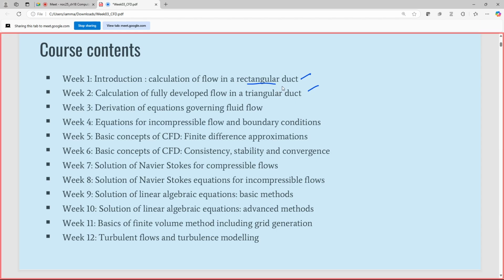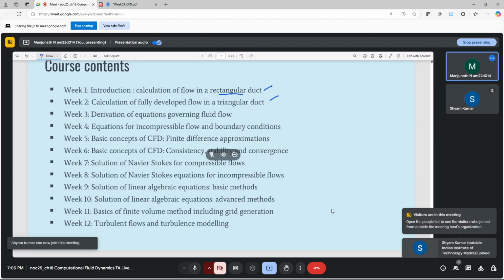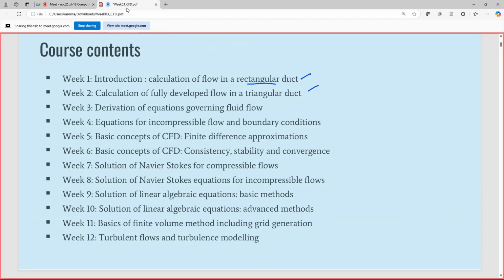So in the first week we saw the basic methodology of computational fluid dynamics, and in the second week the flow over a triangular duct was introduced for learners to understand how tedious it can become when the geometry changes.